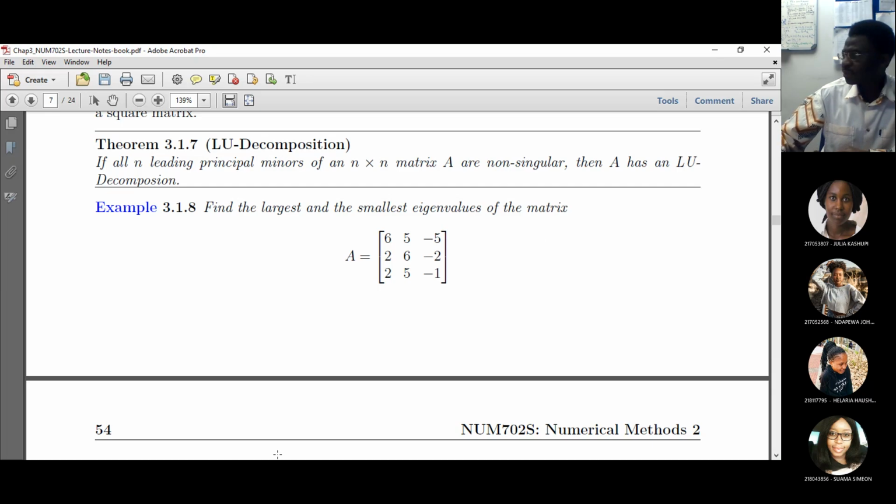So let me open a new slide and write down the matrix. Six, two, two, 5, 6, 5, -5, -2, -1.